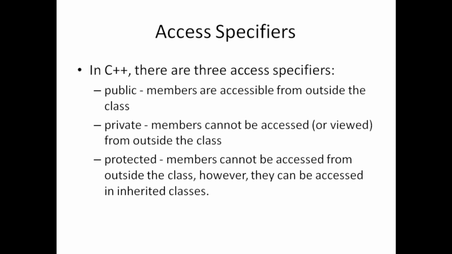So, if the variables or functions are defined as protected, the inherited classes can access the protected variables or functions. So, this is the meaning of protected. It protects the data. It prevents unauthorized access. It's a mixture of private and public.